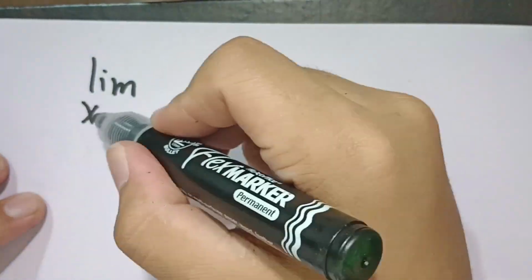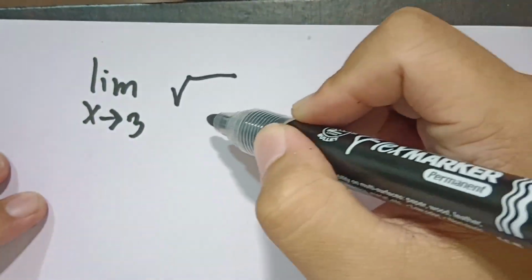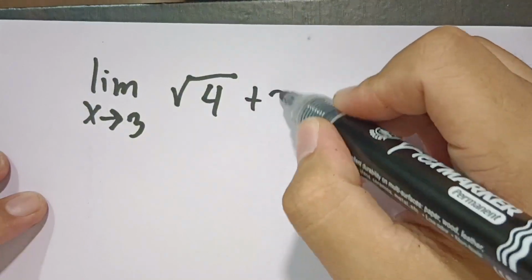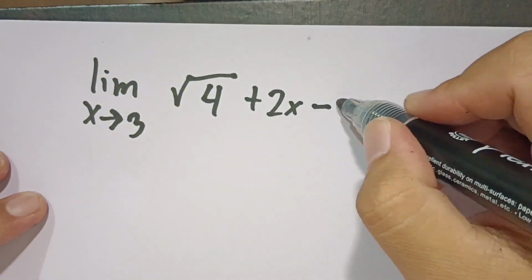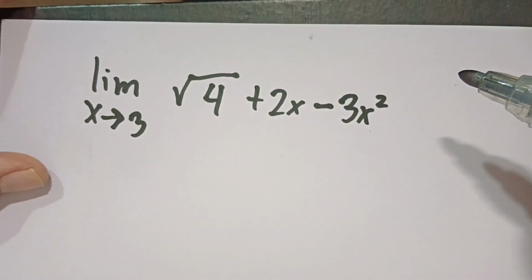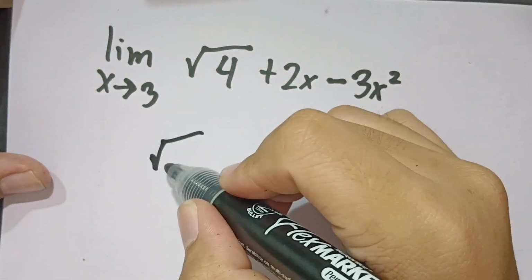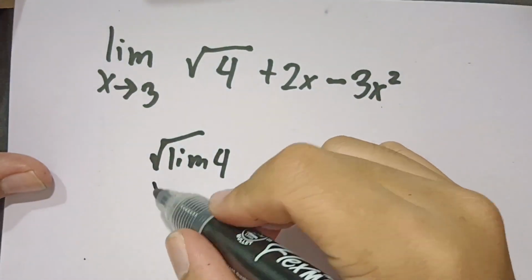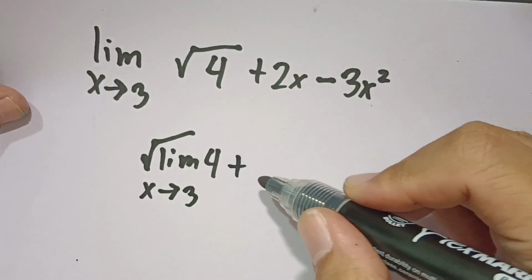So next is the limit of the square root of 4 plus 2x minus 3x squared as x approaches 3. We use the basic laws.